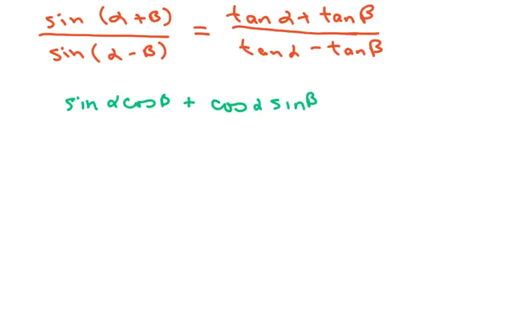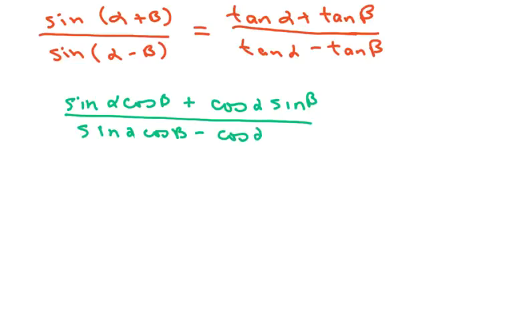My denominator is going to be sine of alpha cosine of beta minus cosine of alpha sine of beta.